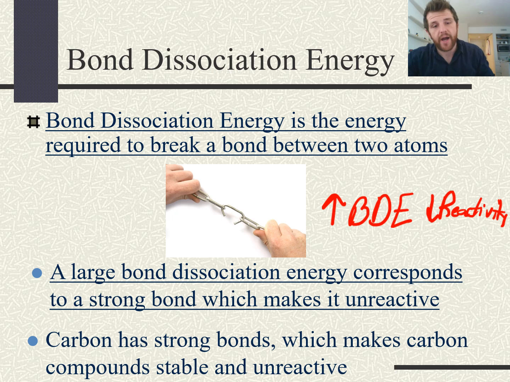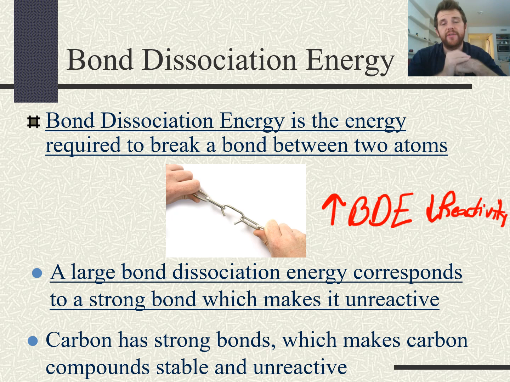So as bond dissociation energy goes up, reactivity goes down, inversely related. Carbon has ridiculously strong bonds. This is just because carbon only has one level of shielding electrons, those two on the first energy level.